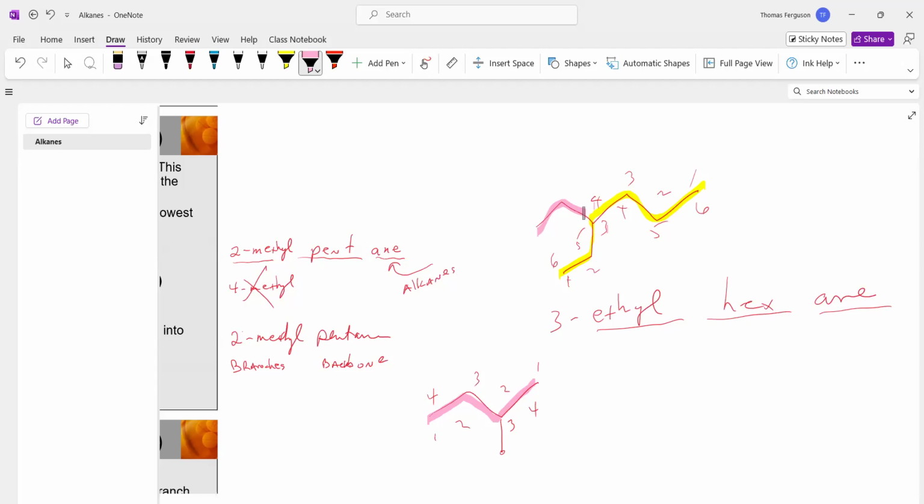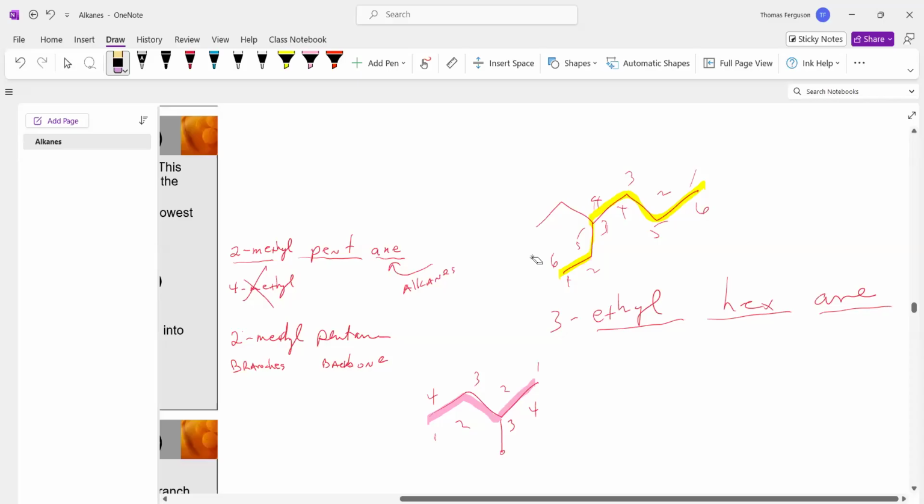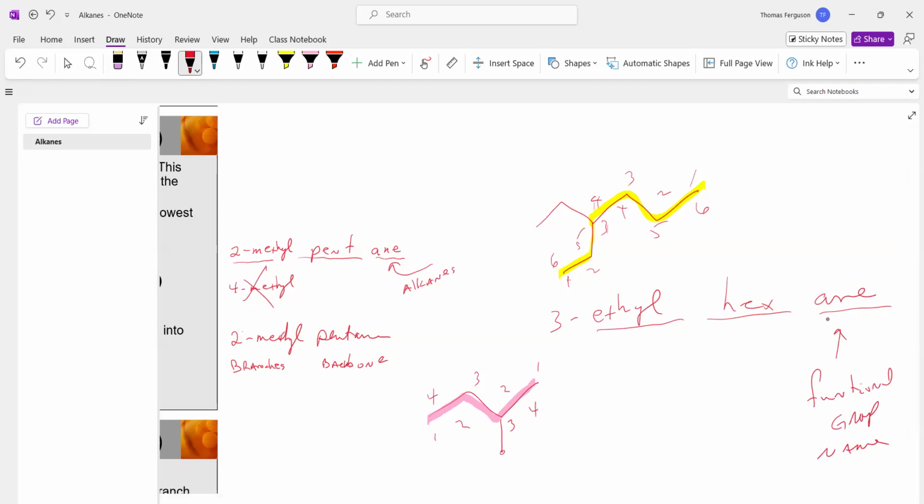Professor, I had a question in relation to the whole naming structure. So the functional group gives you the ending of the name, right? Yeah, the ending is the functional group name. If it's an alcohol, it's going to be different. If it's a double bond, instead of ANE, it's going to be ENE. If it's a triple bond, it's going to be YNE.